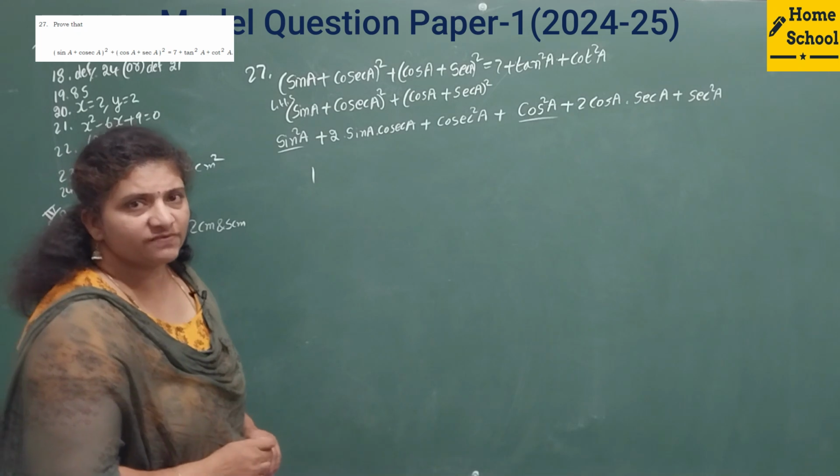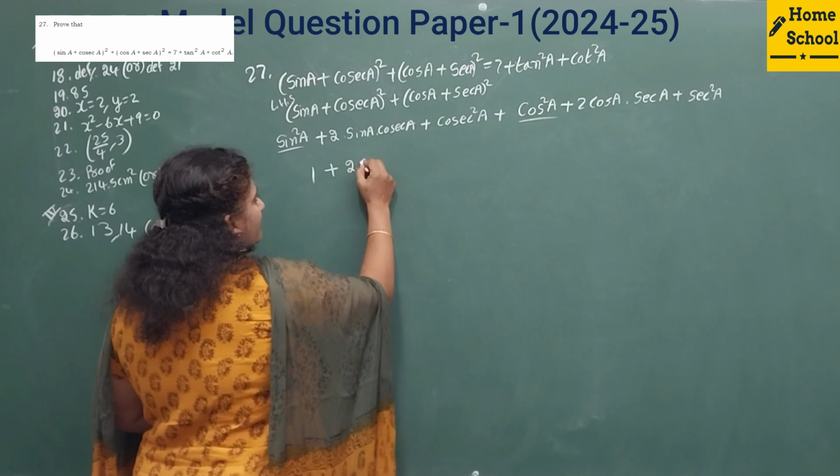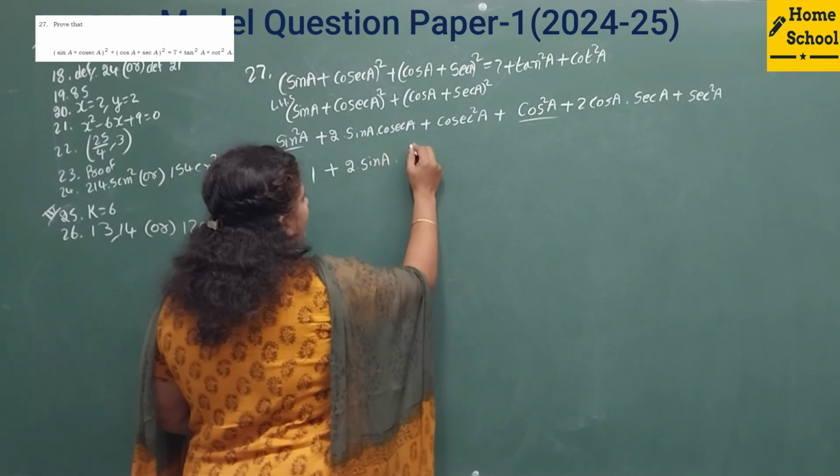Sin square theta plus cos square theta is 1, we know. And here cosecant A, write it as 1 by sin A.